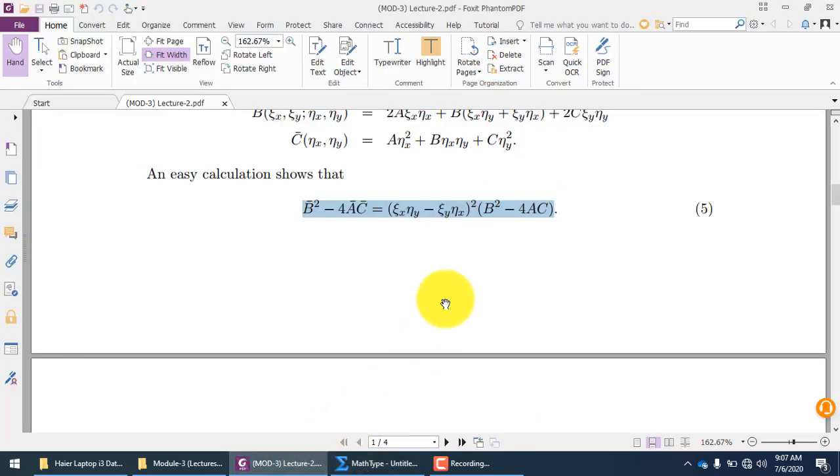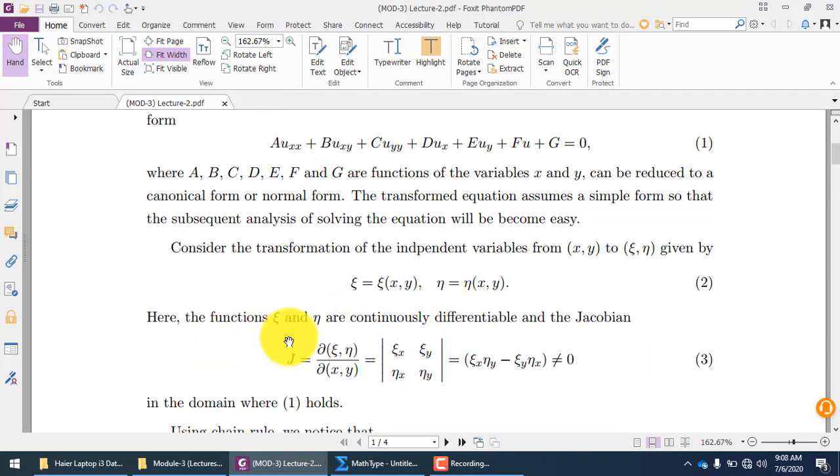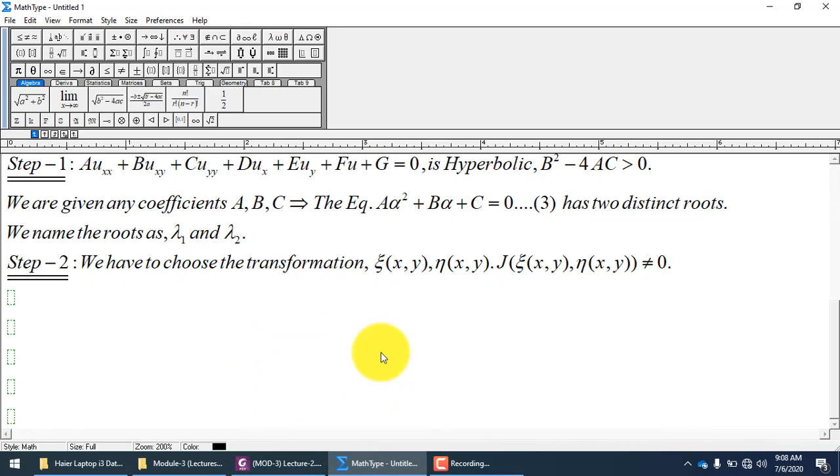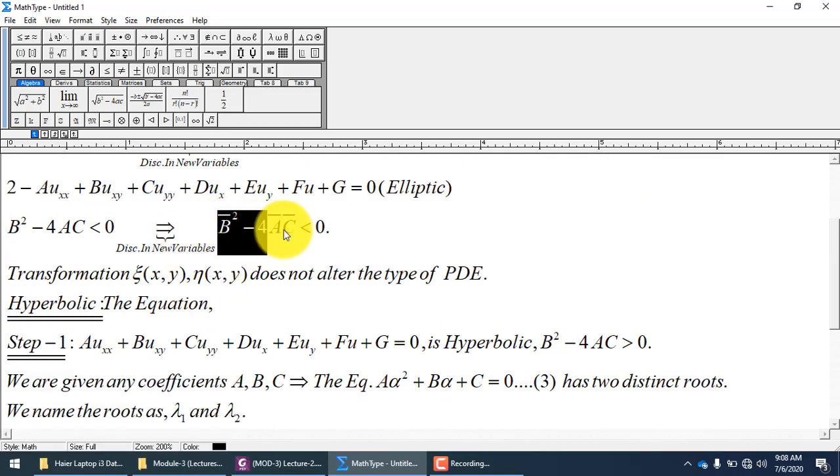But again the big question is how you will select xi and eta. Xi and eta are selected so that the equation will remain hyperbolic. So you have to take care of just one thing, that your partial differential equation remains hyperbolic after the transformation.